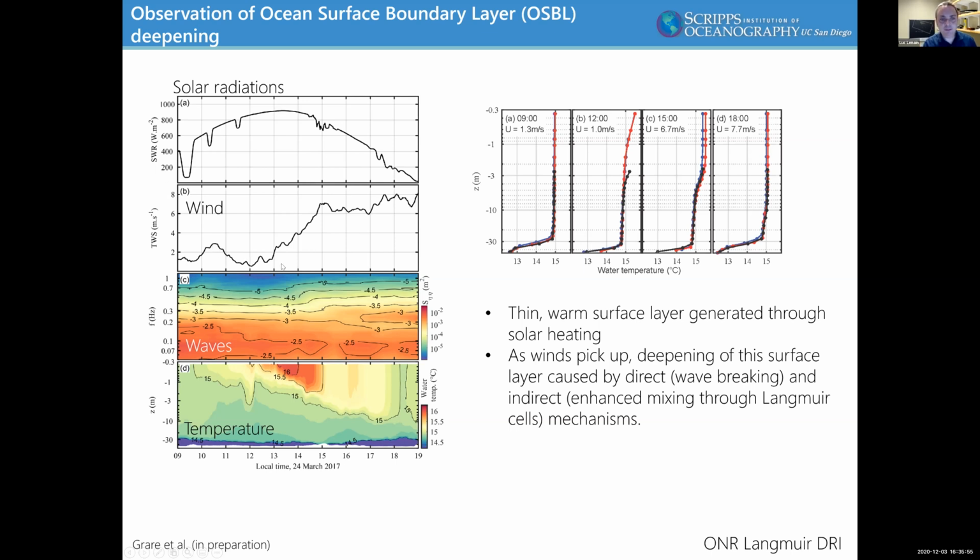The wind is picking up in the middle of the day, early afternoon type thing. Surface wave: you can see that as the wind picks up, the energy level at the high frequency of this spectrogram is picking up. So it's getting higher, and you can start to see a pronounced peak over here when you have sustained wind for a period of time.